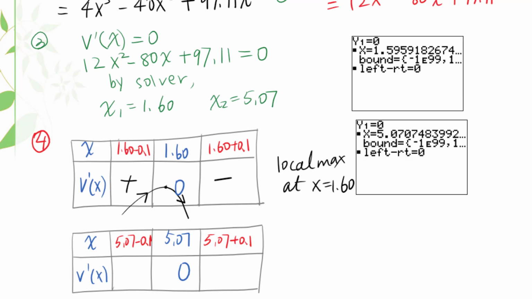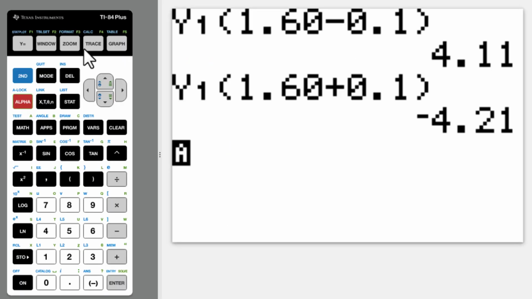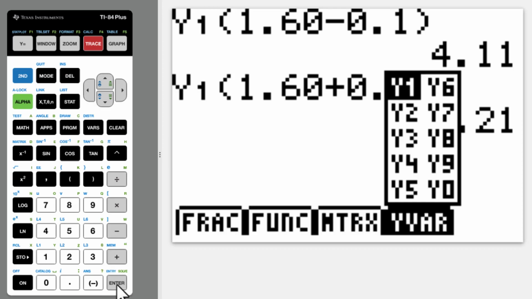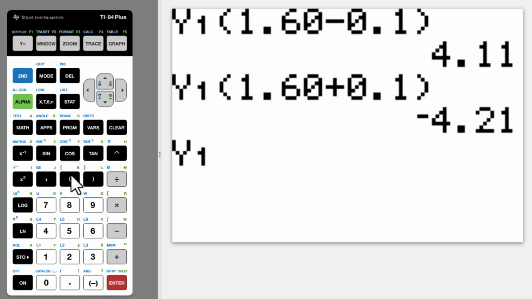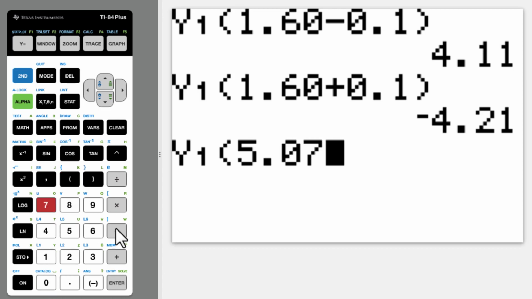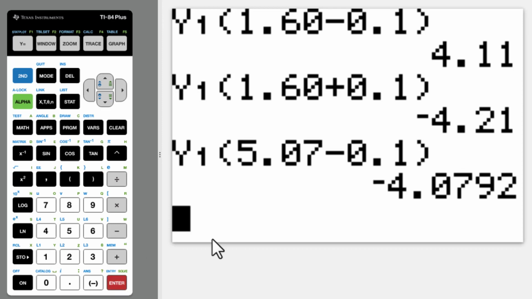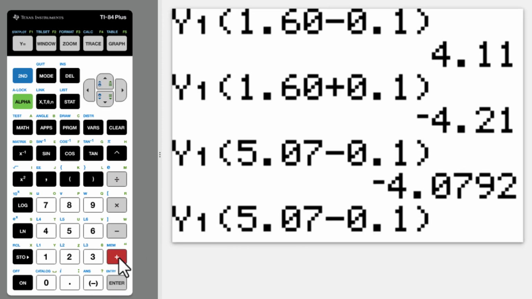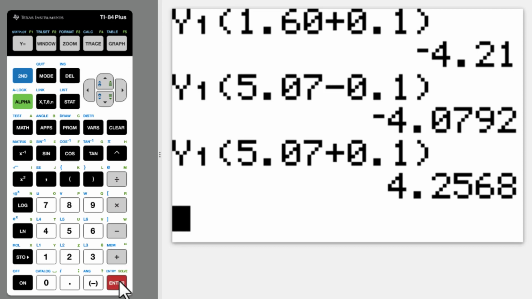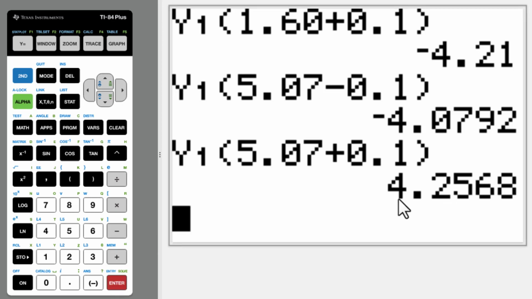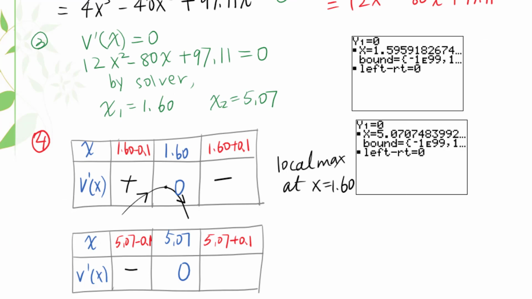Check the second one. Alpha trace, enter. Parentheses 5.07 minus 0.1. Enter. Negative. Change into plus. Enter. Got positive. Negative or positive.